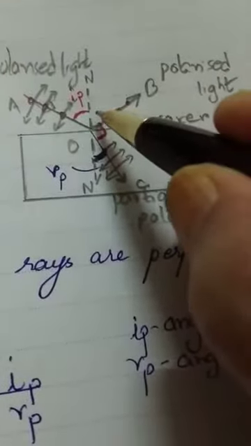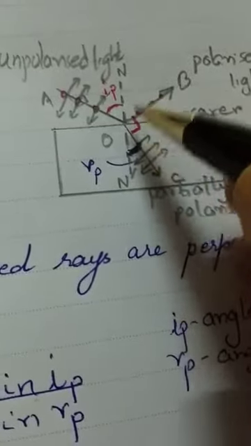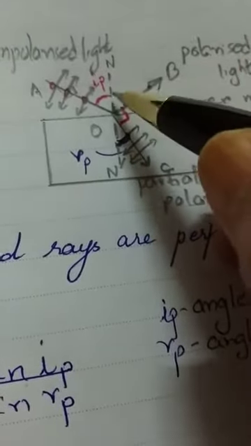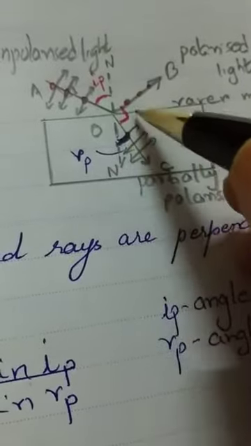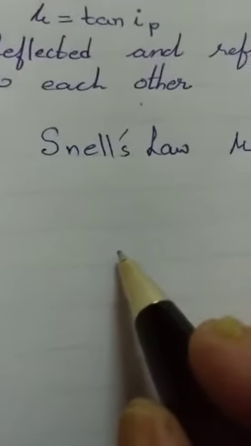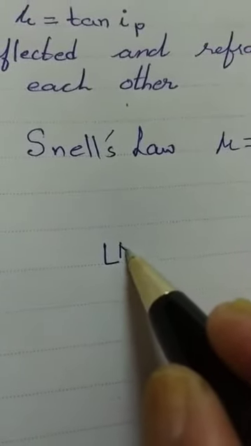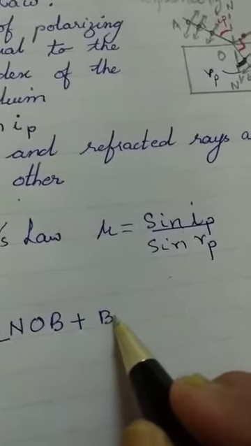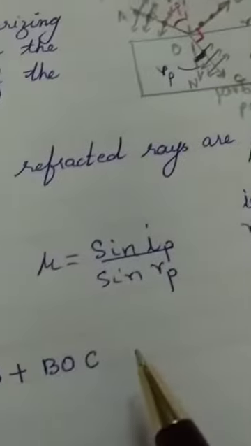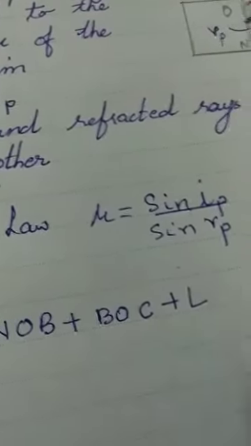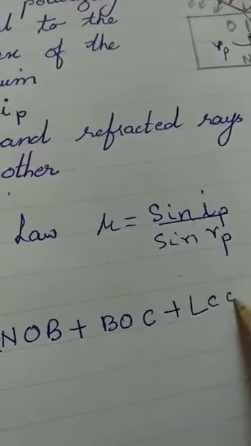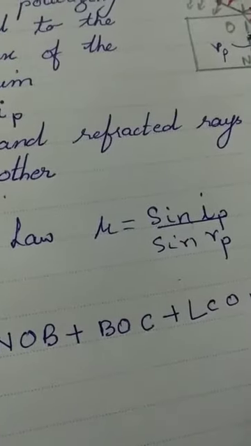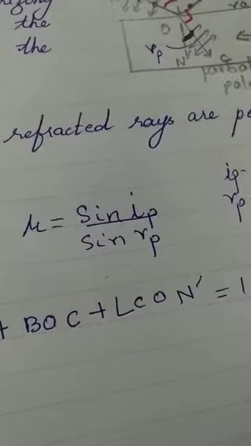Now let us look at this diagram. You see that this angle from N to N dash is 180 degrees. So we can say that angle NOB plus BOC plus angle CON dash is equal to 180 degrees.